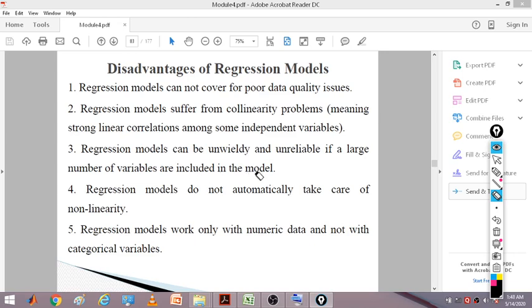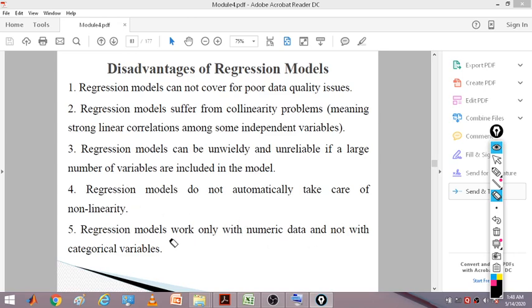So if you have a large number of features, then this may not be so good. Regression models do not automatically take care of non-linearity. So you need to make some transformations to obtain that.